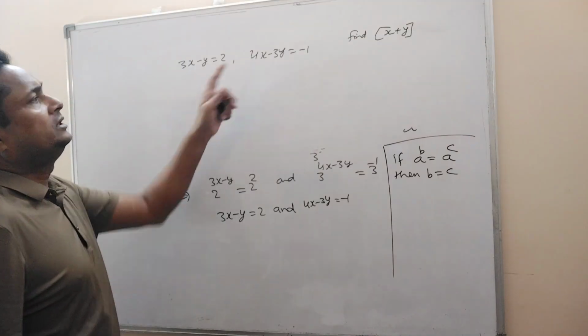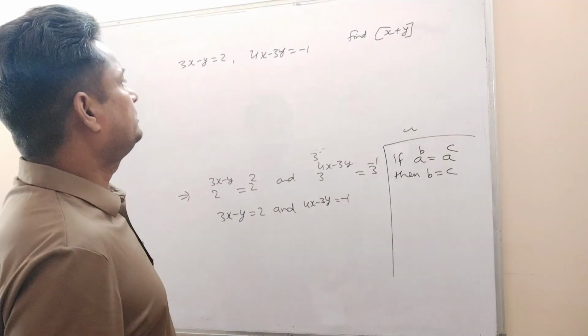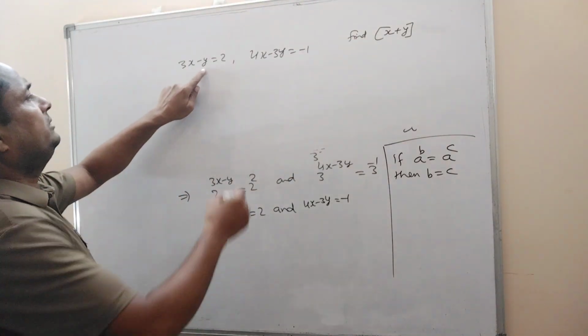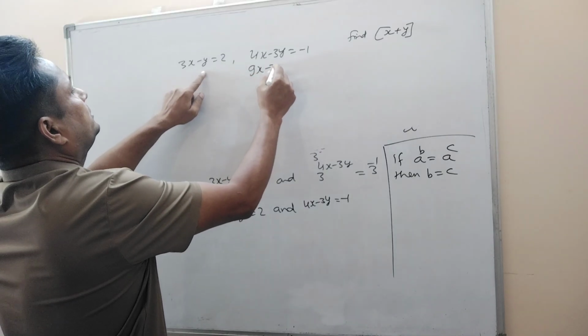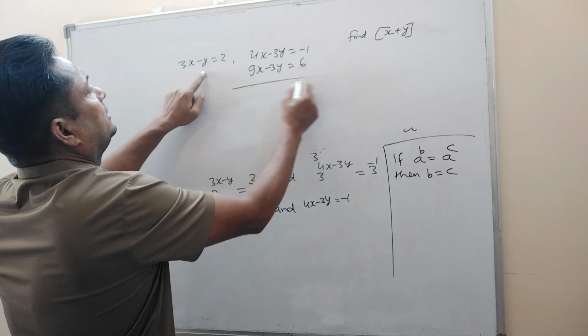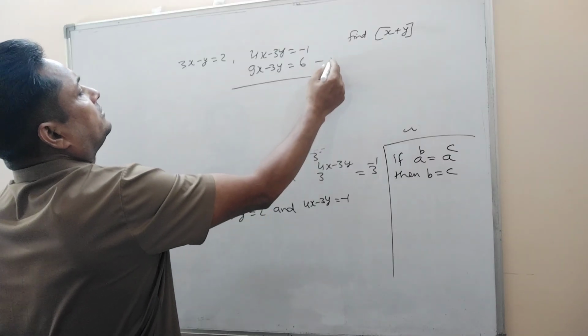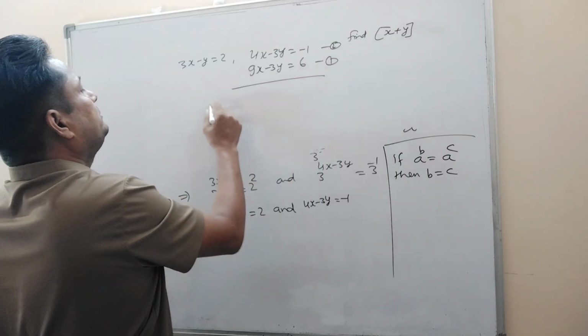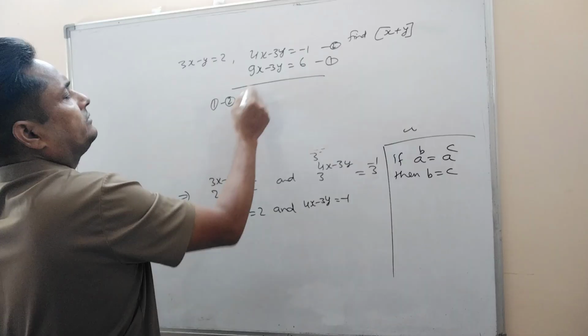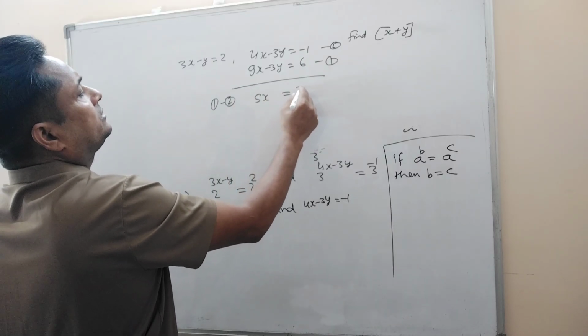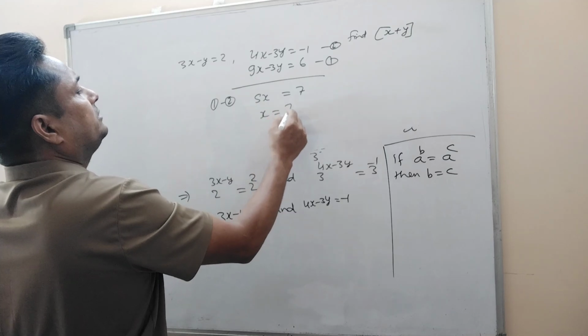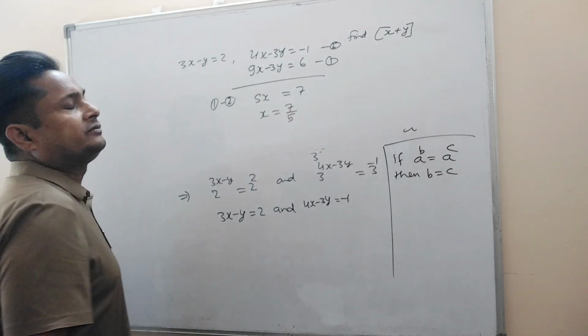Now we have to eliminate y, so multiplying the first by 3, this will be 9x minus 3y is equal to 6. Now subtracting equation 2 from equation 1, this will be 5x is equal to 7. So x will be equal to 7 by 5.